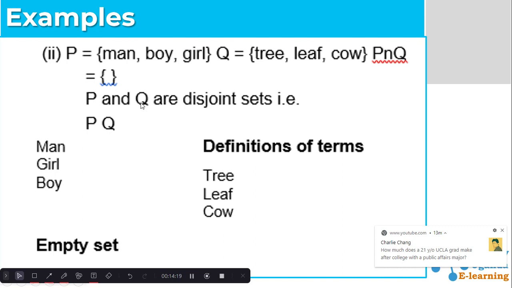When you say P intersection Q is empty, that means each set given here has no members that are common, so it really belongs to a disjoint set. Like you can see, these are people, but also we have animals, leaf and plants. They are totally mixed. They are not of the same category. So that's how we can identify these sets.